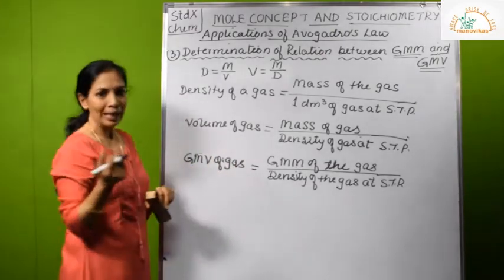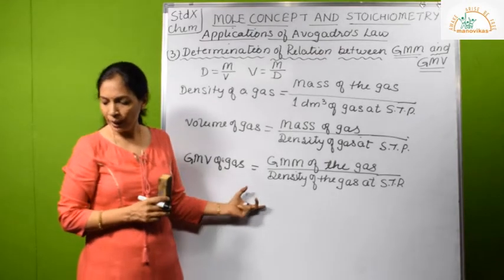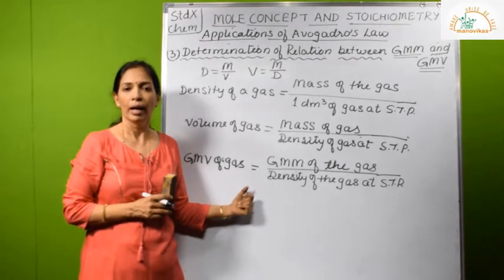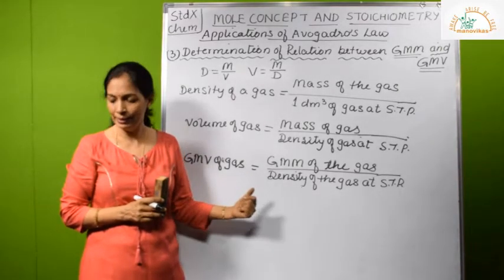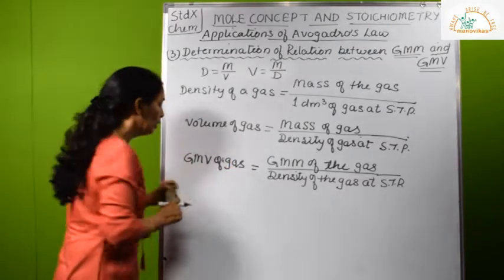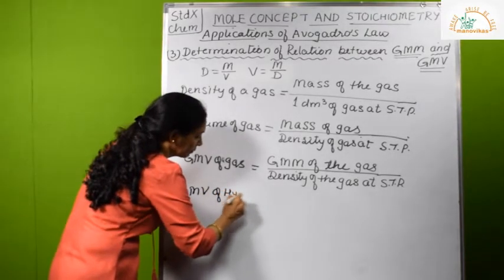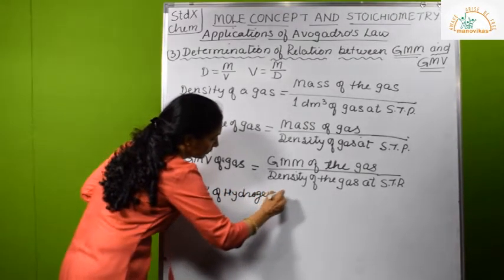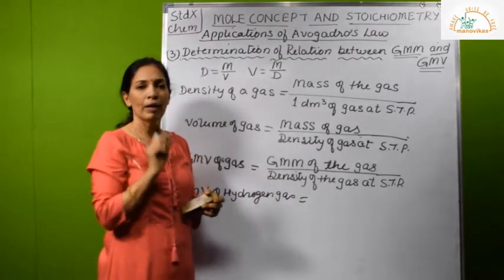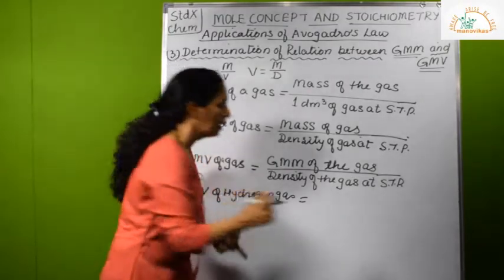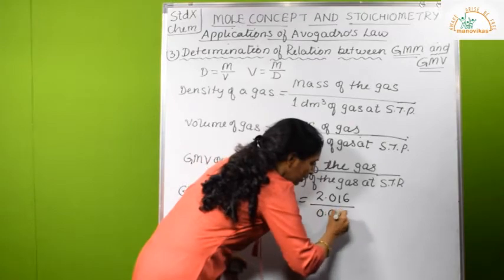Now there is one example in your book, to calculate density of hydrogen. So gram molecular mass of hydrogen you have to divide by density. Density is 0.09. So GMV of hydrogen gas is equal to, atomic mass is taken as 1.008, then molecular mass will become 2.016 divided by 0.09.